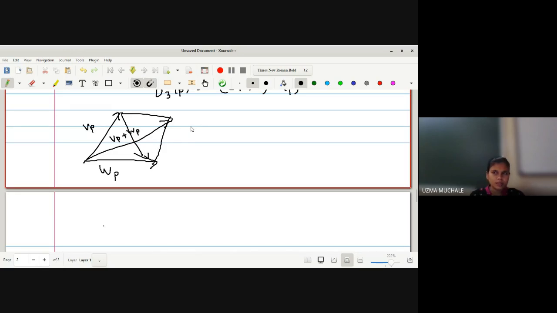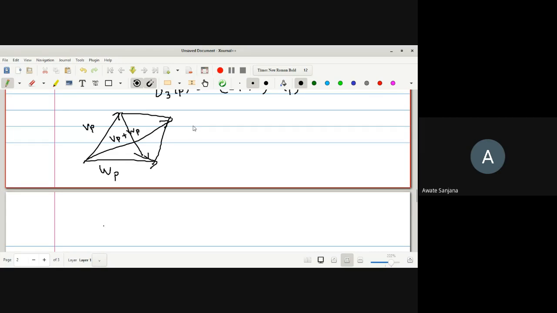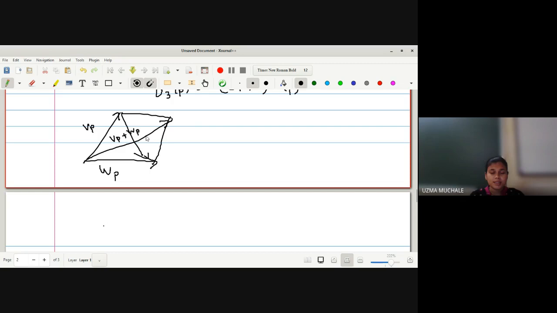Before going to this one, I want to ask you whether you remember the law of parallelogram. Do you remember what the parallelogram law was? Yes, ma'am. What was the law?